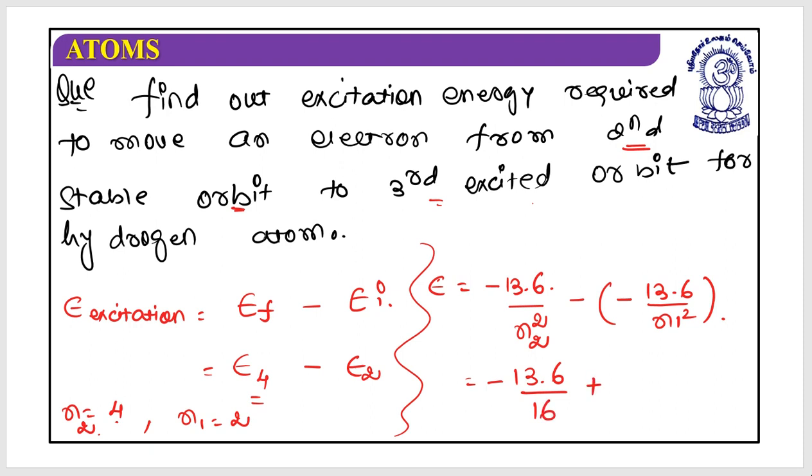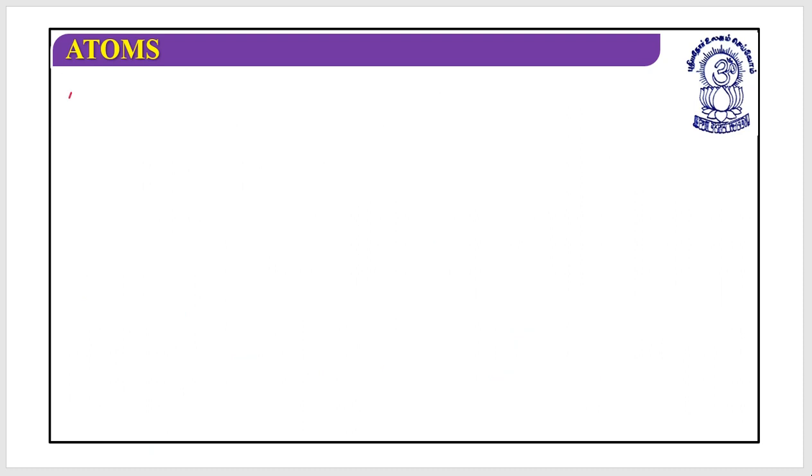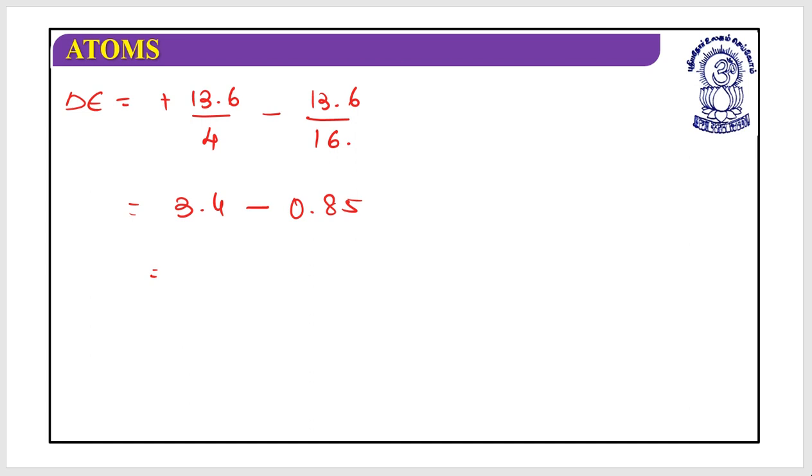So delta E, the excitation energy, would be plus 13.6 divided by 4 minus 13.6 divided by 16. 13.6 divided by 4 is 3.4, minus 13.6 divided by 16, which gives 0.85. So 3.4 minus 0.85 would be 2.55 eV.